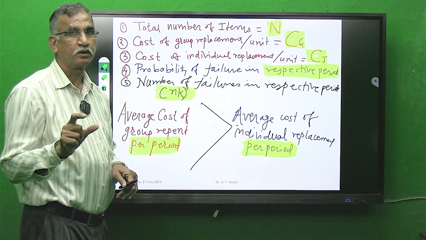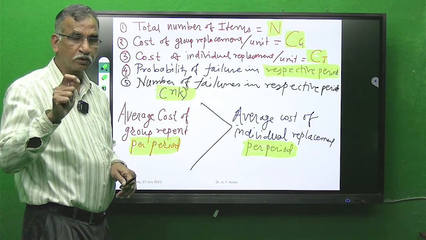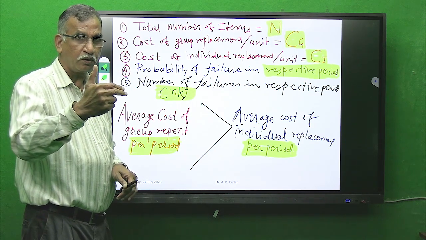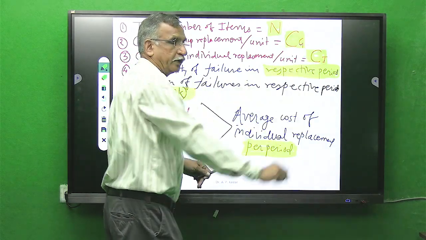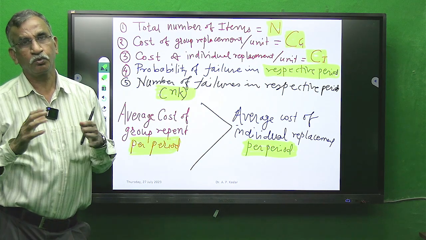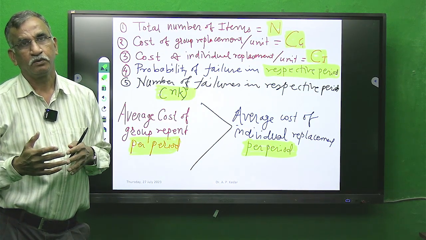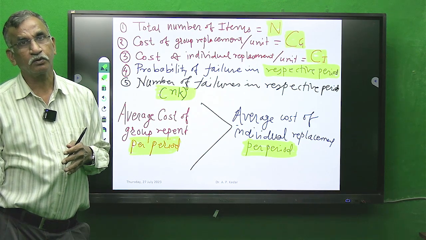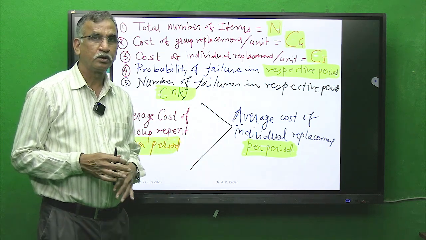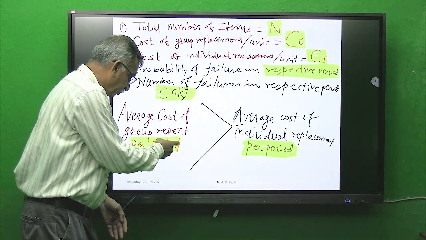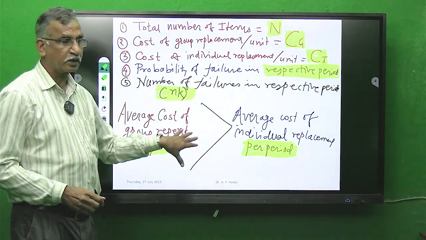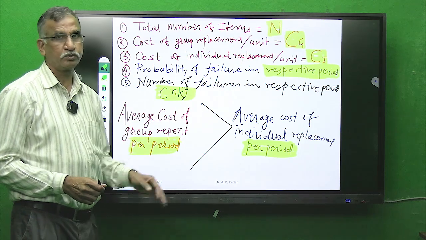You will replace only the failed components at the respective time period, at the cost of CI. No question of bulk replacement, no question of replacing the items whether they have failed or not. So the decision is very simple. Compare these two costs, but the period has to be the same. If the situation is like this, we will go for the individual replacement policy.